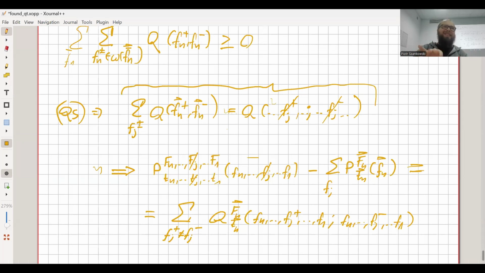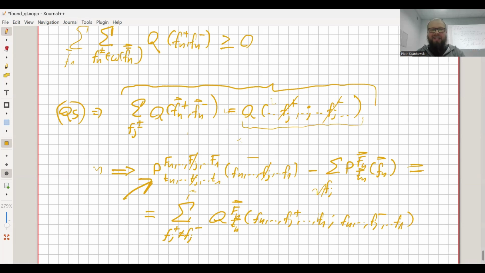So in particular, you can take them to be pluses equal minuses. Then on the right-hand side, if you take all the other arguments except for J to be equal, that gives you a probability.